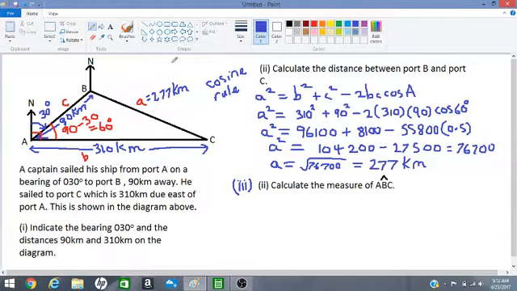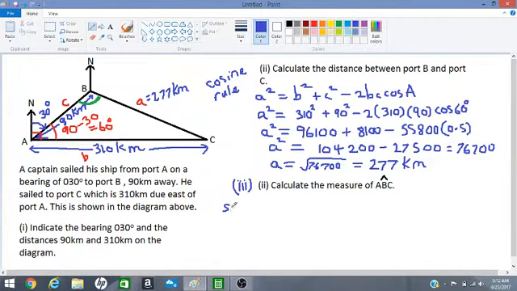Okay, so we want to find, in green, we want to find this angle. Okay, angle ABC is this angle, and we can use the sine rule to find this angle.